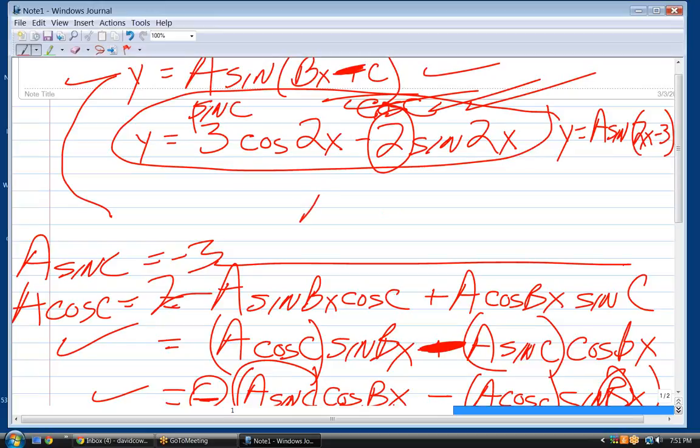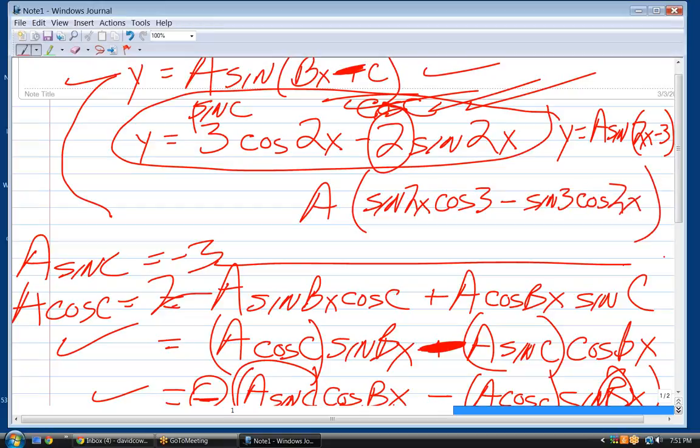That gives me A times the sine of 2x cosine of 3 minus sine of 3 cosine of 2x. Which isn't exactly what we have, but it's close.